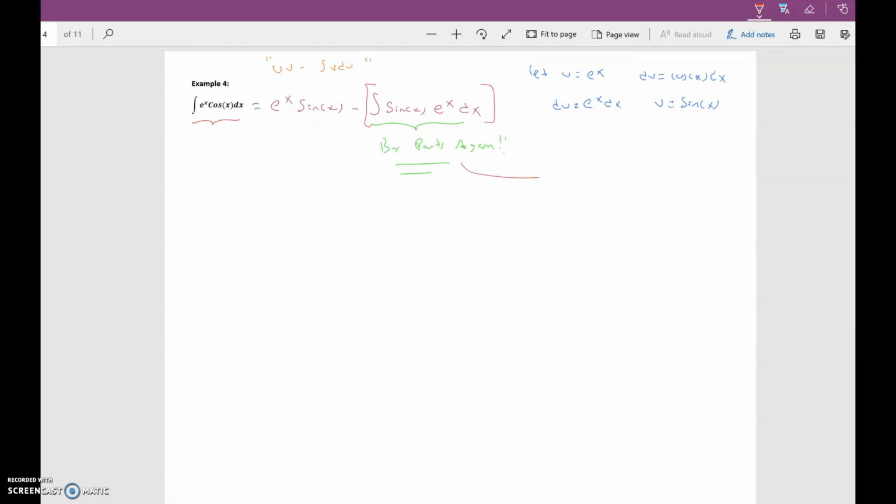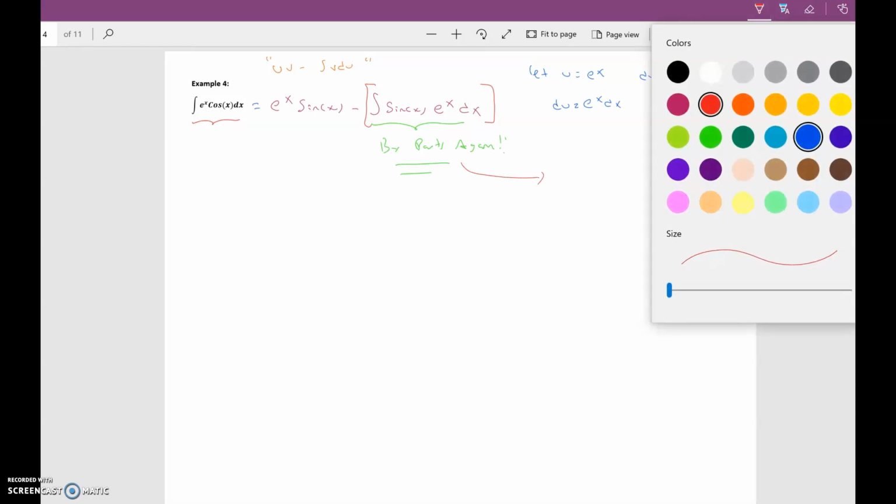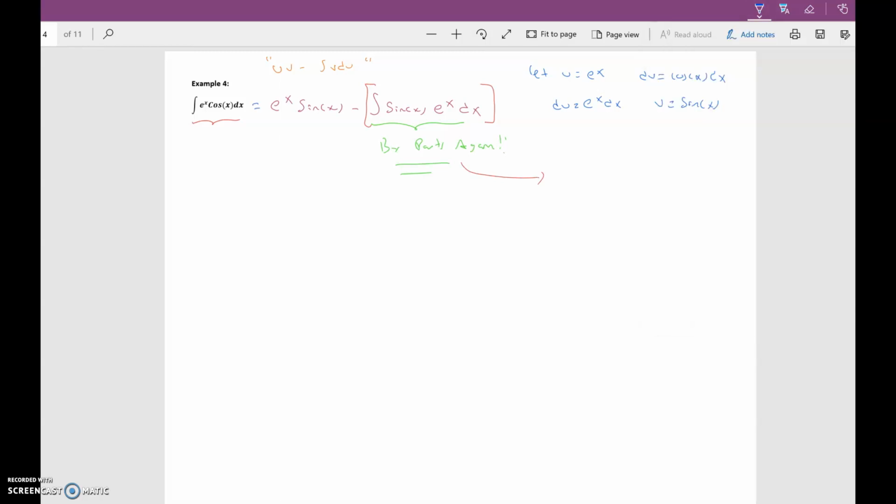So by parts again, I'm going to follow the same procedure. So I'm just going to let u equal to your e to the x, and then dv is equal to, let me select the sine of x dx.